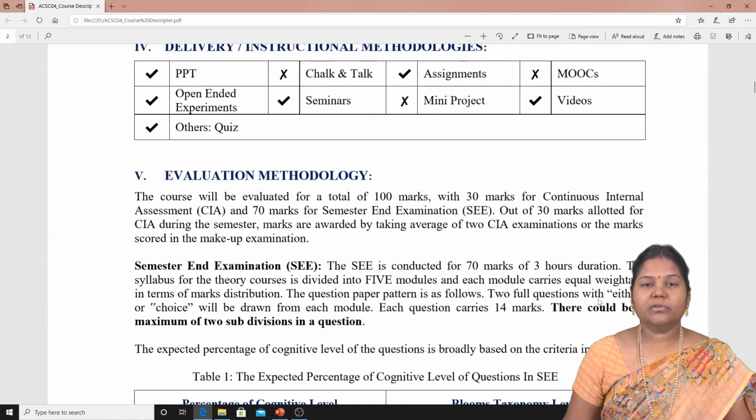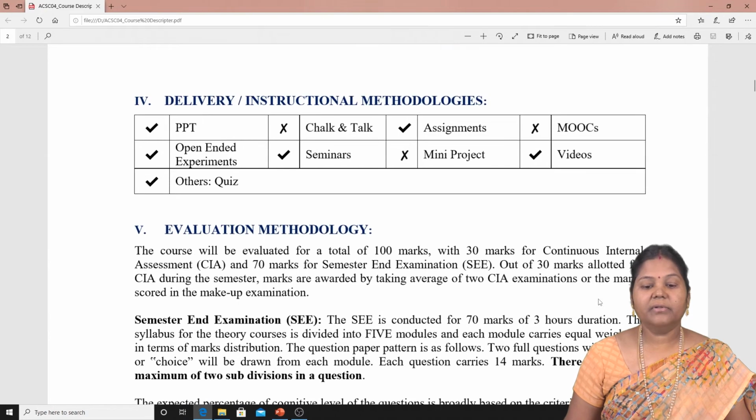And next is what are the different delivery methodologies or instructional methodologies. So a lecturer or a professor has to use either the PPT mechanism or use open-ended experiments, quizzes, the seminars or the assignments, various video lectures, and so on to deliver this course to the students.